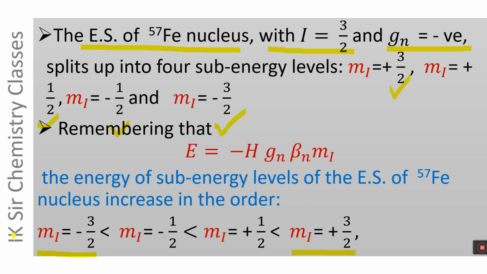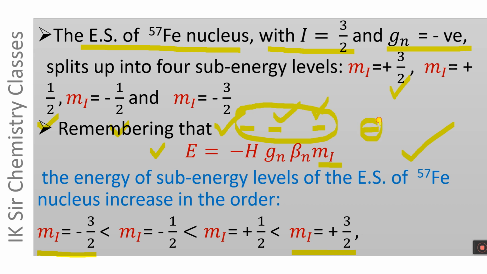Let us understand it from the following equation. This term is minus, g_N is also minus, then the sign of energy will depend upon the value of m_I. If m_I is negative, minus times minus is positive, and this positive multiplied by negative will be negative.